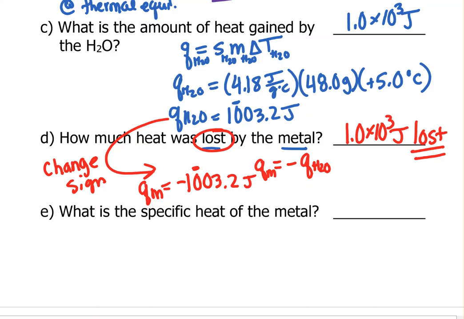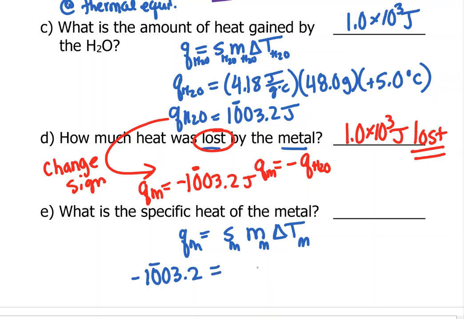So now we're ready to do the specific heat of the metal. So we're going to do our Q SMAT, but then put in all the numbers for the metal. For the Q for the metal, I'm going to use this whole thing. Carry extra digits.